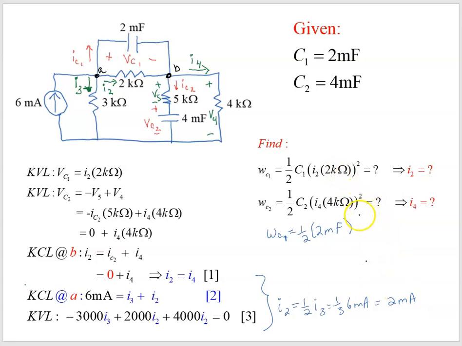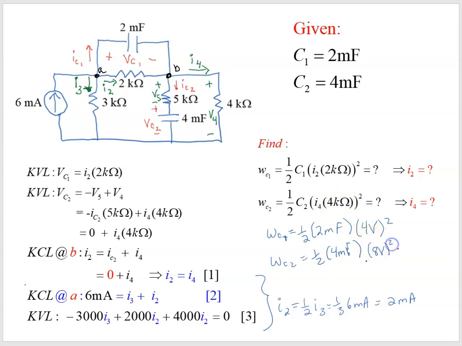So that gives us 4 volts, 4 volts squared. And C2 is 1/2 times 4 millifarads times our 2 times 4 is 16. So that gives us, I'm sorry, 2 times 4 is 8, squaring. So it's our 8 volts.